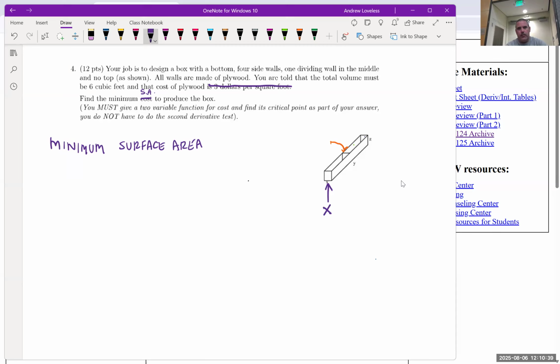This is X. This is Z. And this is Y. So they say we would like to build this box that has one divider in the middle.